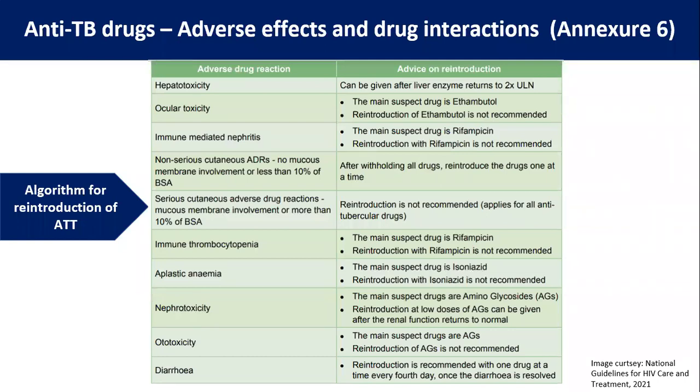Reintroduction is possible once the patient resolves the symptom and the creatinine, and based on creatinine clearance, we can give a titrated dose of aminoglycosides. In case of ototoxicity produced by aminoglycoside, we should not reintroduce. And for diarrhea requiring discontinuation of ATT, we can go for reintroduction in a graded manner, which will be discussed in the subsequent slides.